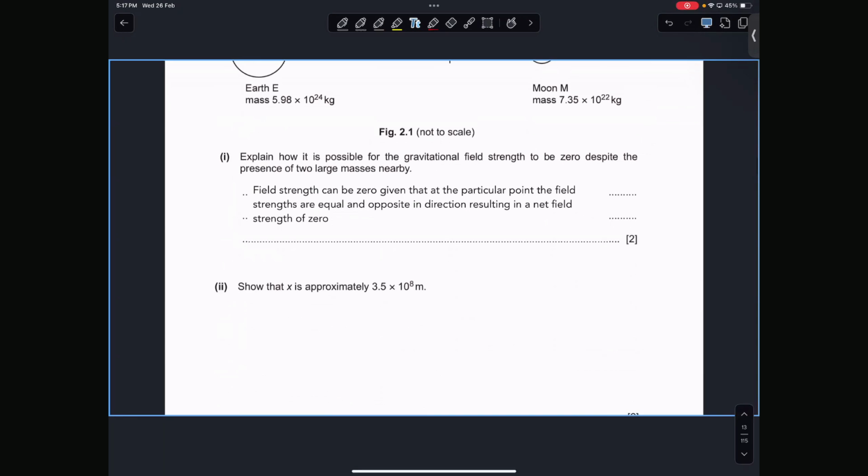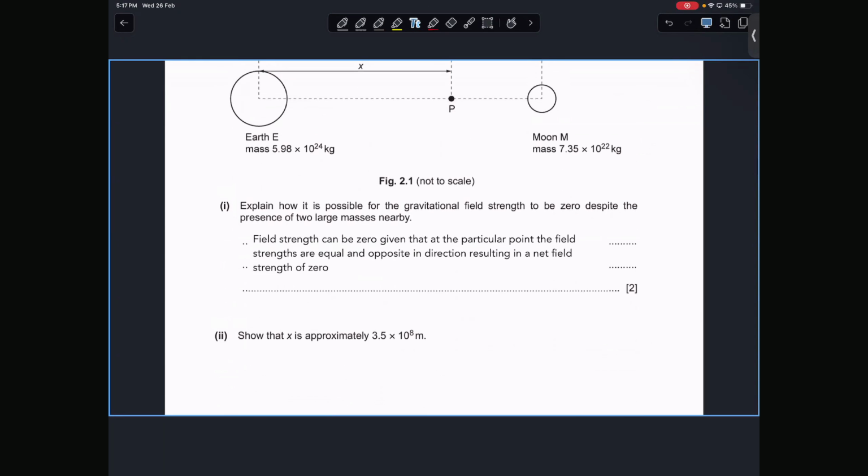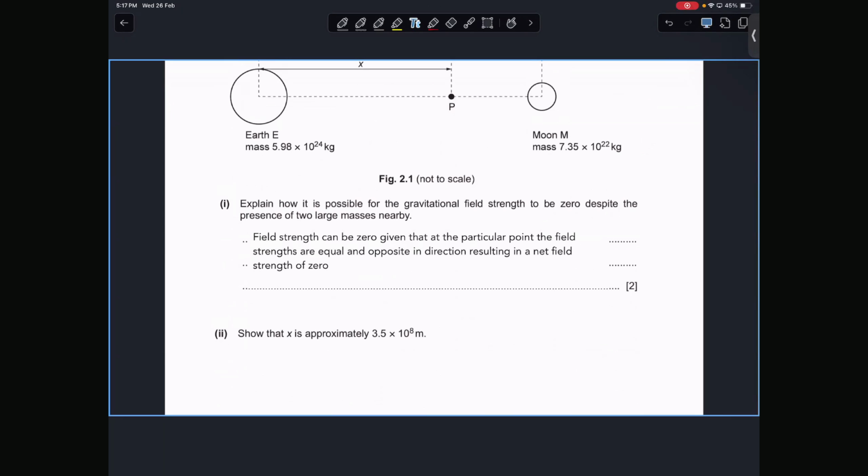Something is missing here, let me check the question paper. That's an assumption. Yes, this was actually left out. We can't just assume that for our convenience. Oh yes, it must be a null point.